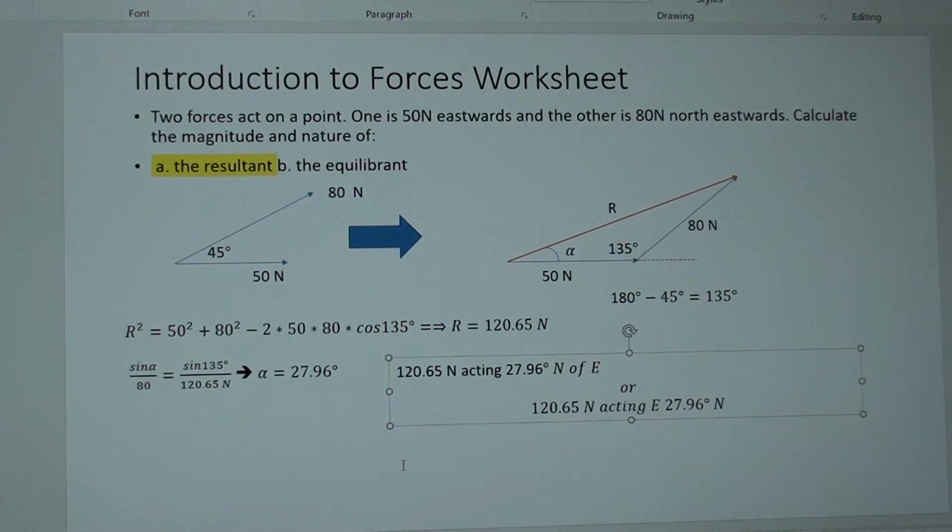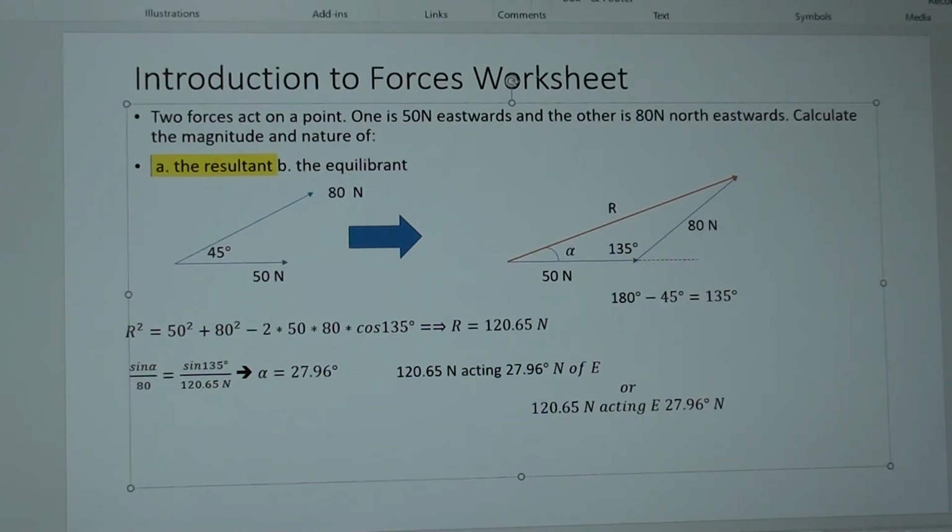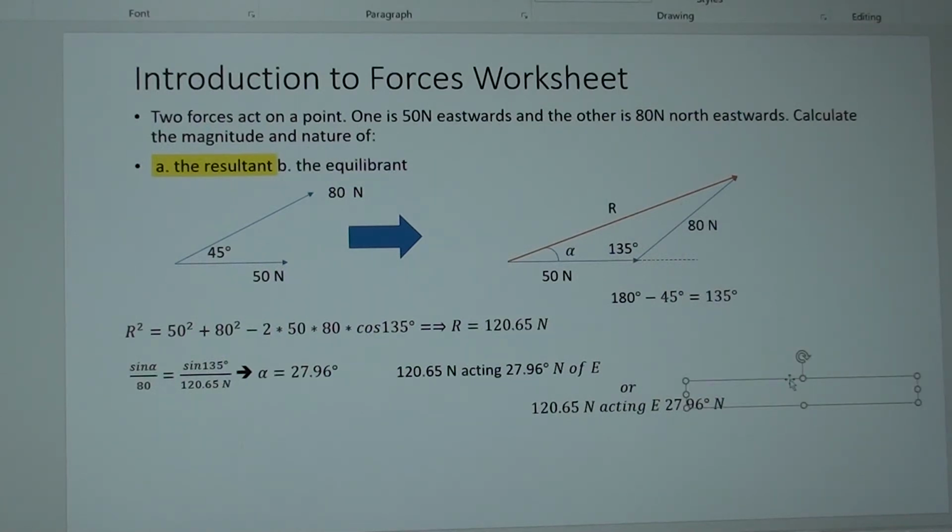Now, since we finished the first part of this question, we can start solving the second part. We start a new box so we can answer the second part. B, we want to find the equilibrant.